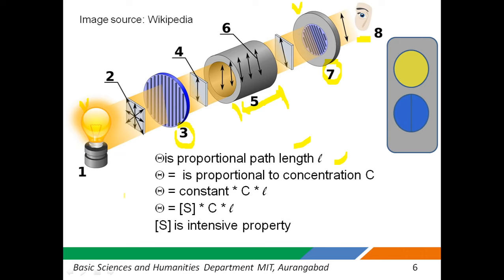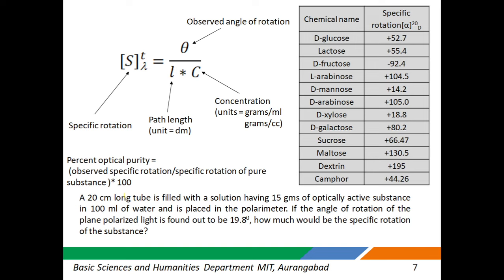There is something more to this, and that is at what temperature this S is being measured and with what wavelength this S is being measured. So how do we take care of that? The specific rotation is put into this square bracket, and here you can see there is lambda put here. That means at what wavelength this S is measured, and this T is the temperature.